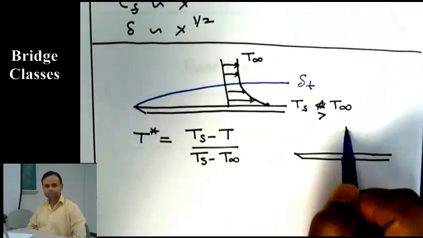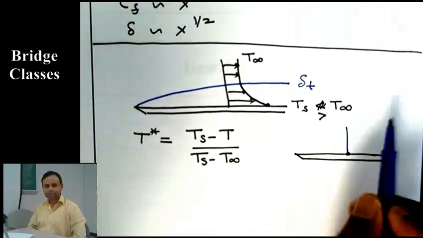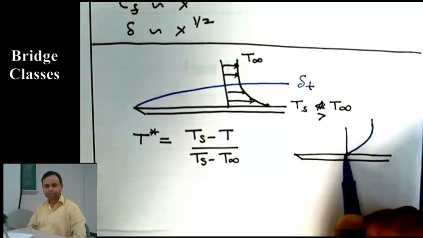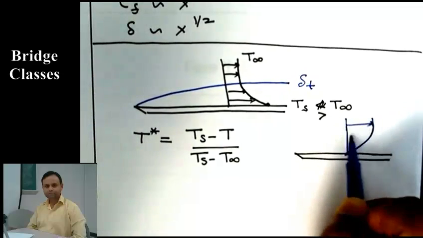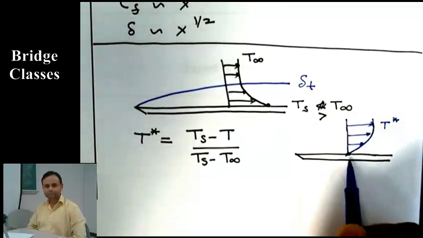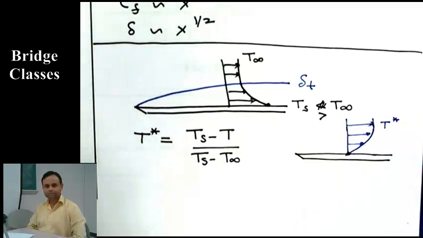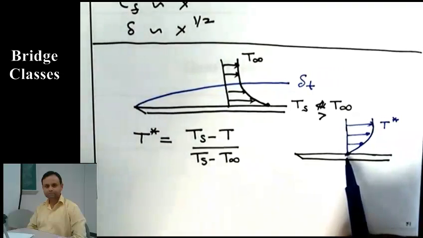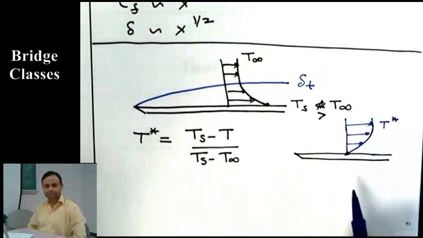T star will be 0 at the surface and it becomes 1 outside the boundary layer. So this is the profile for T star. It is 0 here and it becomes 1. So it is analogous to the velocity profile. Velocity goes from 0 to u infinity.